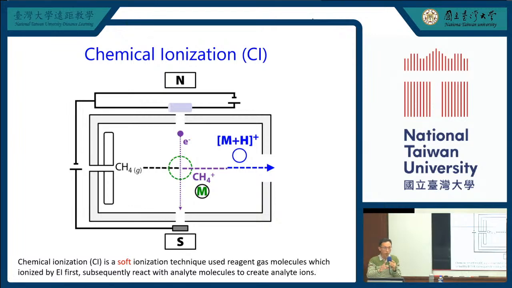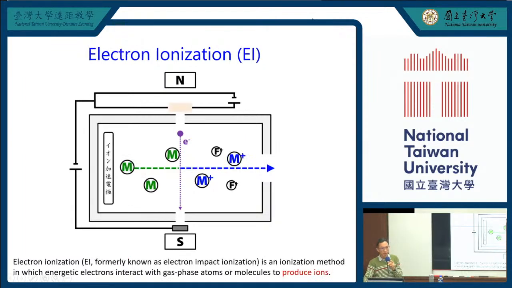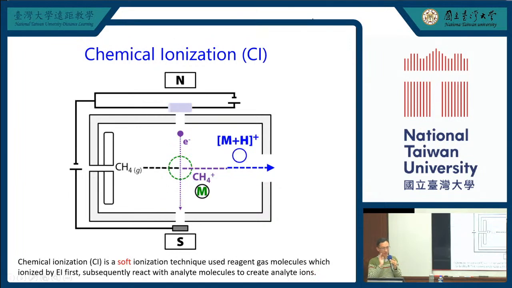Okay, so that's different, right? For EI, the molecule loses an electron and gets a positive charge. But for CI, the m/z represents the protonated molecular ion. If you have a molecule of mass 100, in EI you will see m/z 100, but in CI you will see m/z 101. Okay, that's different.